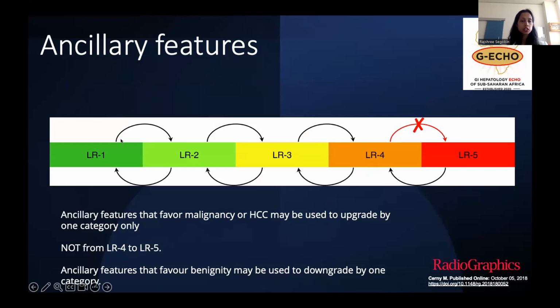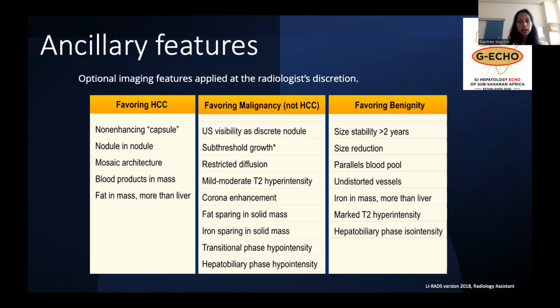So you can upgrade a lesion only 1 step at a time, like here, but you cannot go from a LIRADS 4 to a LIRADS 5. You can downgrade by 1 category at a time, but essentially only 1 category.